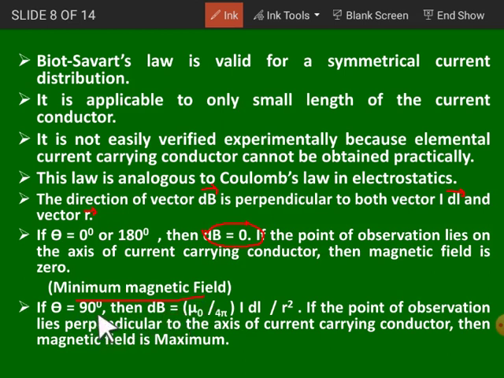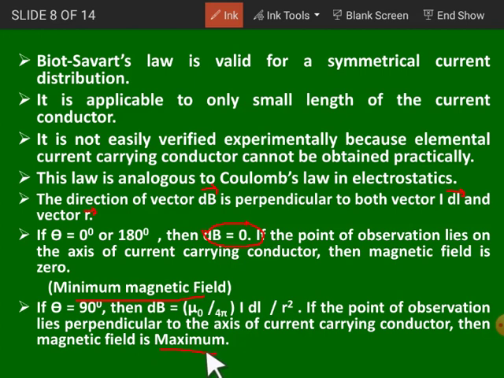If theta is equal to 90 degree, that means the position vector and the elemental current carrying conductor are perpendicular to each other, in that case sine 90 degree is equal to 1. So mu naught by 4 pi into IDL divided by R square will be the value of the magnetic field. If your point of observation lies perpendicular to the axis of the current carrying conductor, then the magnetic field is given by this, and it is the maximum case.